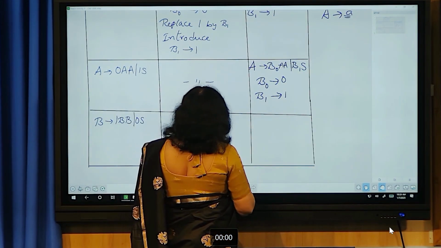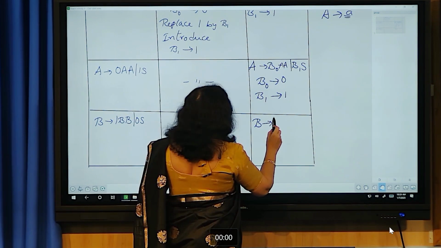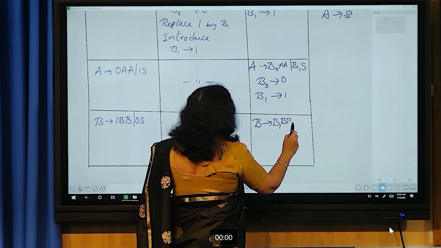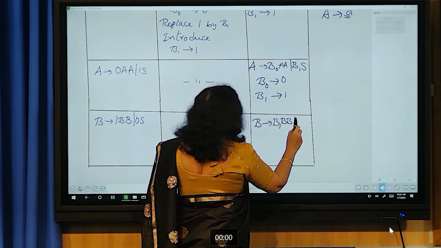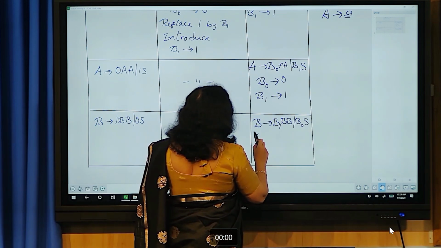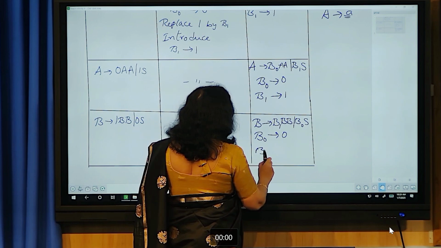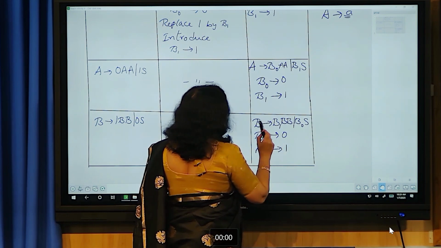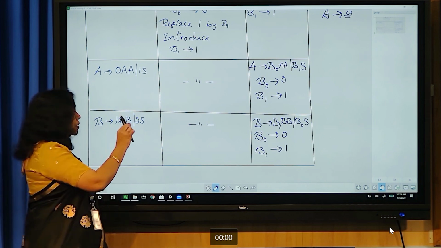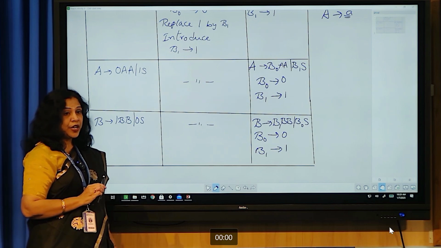So this becomes B produces B1 BB or B0 S. So B0 produces 0, B1 produces 1. After using the substitution method, we got this table. Now we will have to see what is the intermediate grammar which we have got.